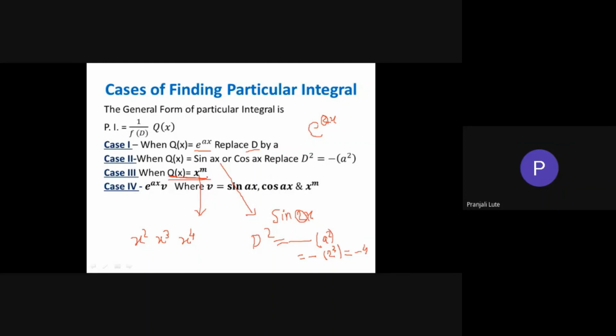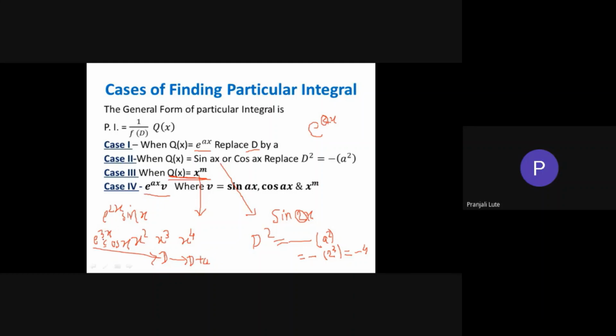And the last case is when your right hand side is e to the power ax into V, means e to the power 2x into sin x या फिर e to the power 3x into cos x, इस तरीके से आता है। तो ये रहेगा आपका केस नंबर 4। इस केस में आपको e to the power ax को outside में लेना है और D को replace करना है D plus a से, जहाँ a e के power की value है। एक बार e to the power ax बाहर आ गया तो remaining term is only sin x, cos x or x raised to power m.